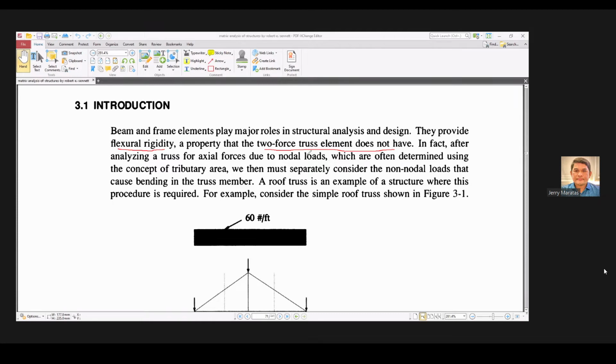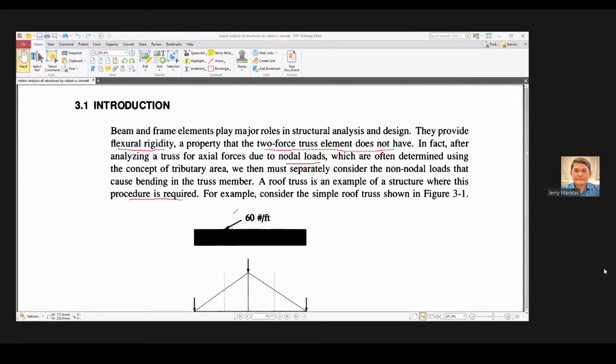No? In fact, after analyzing a truss or axial forces due to the nodal loads, which are often determined using the concept of tributary area, we then must separately consider the non-nodal loads that cause bending in the truss member.